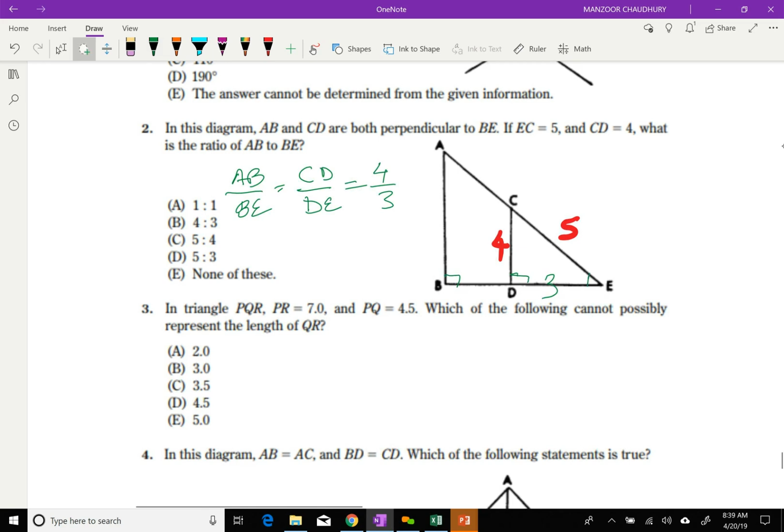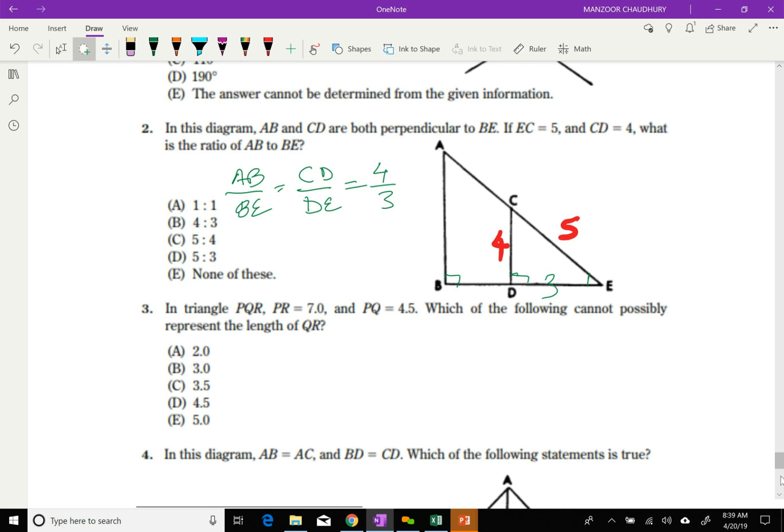Try number 3. I showed you this technique already, so hopefully you should be able to do it quickly. In triangle PQR, PR is 7, PQ is 4.5. Which of the following cannot possibly represent the length of QR?